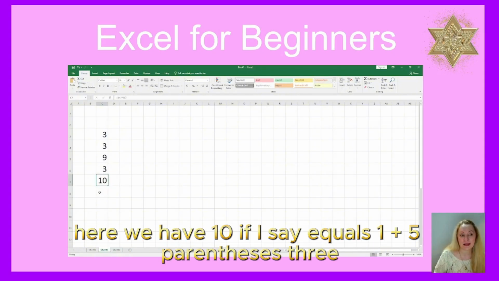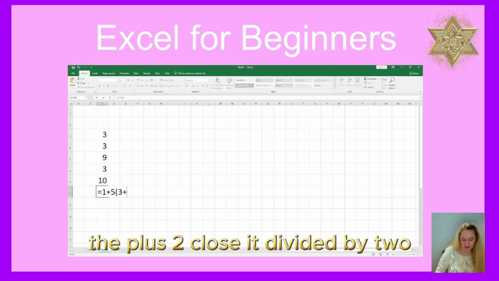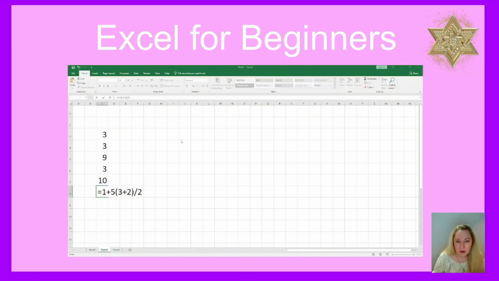Here we have 10. If I say equals 1 plus 5, parentheses, 3 plus 2, close it, divided by 2.